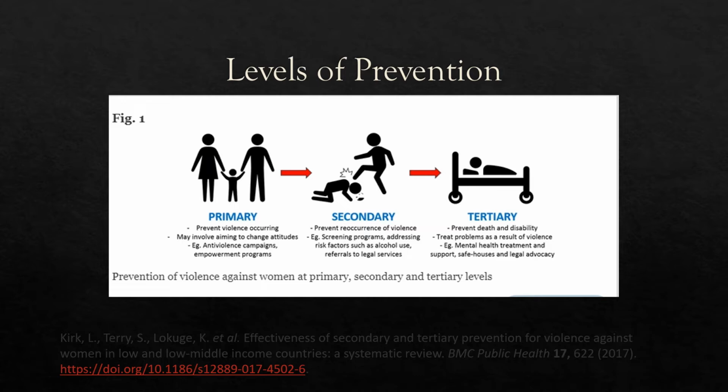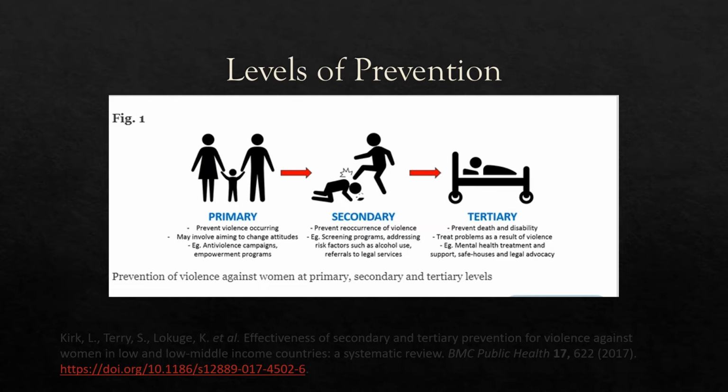They said that in terms of primary prevention, preventing the violence from occurring, strengthening families, improving communication, and preventing excessive alcohol use were all primary prevention strategies.